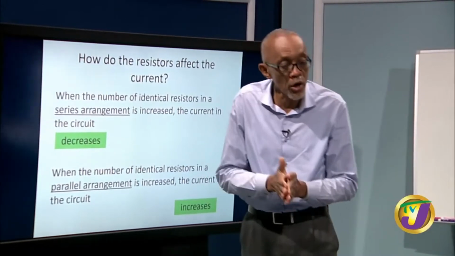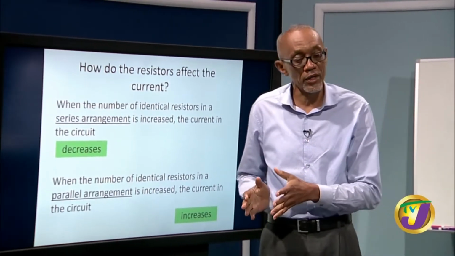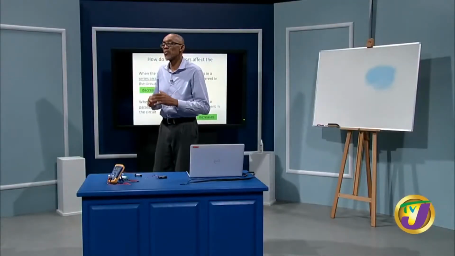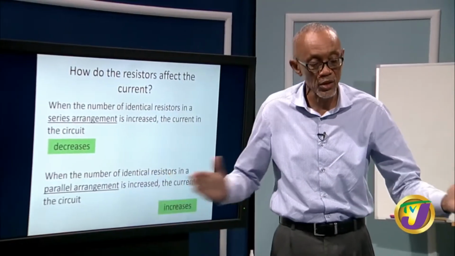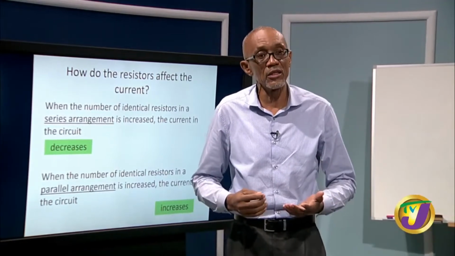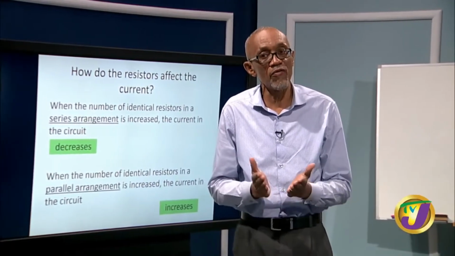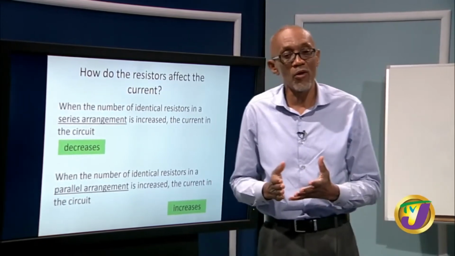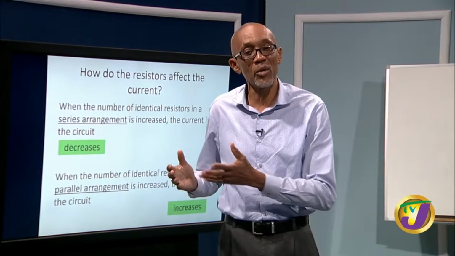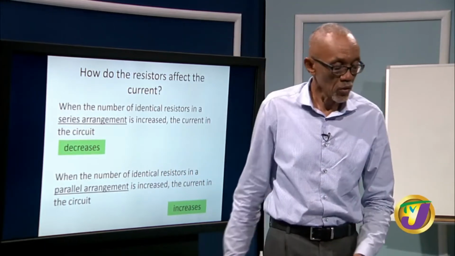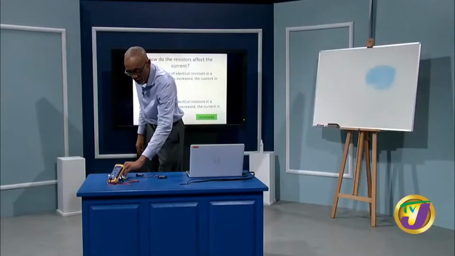So when we put more in parallel, we get greater current, and when we put more in series, we get less current. So when we apply these resistor configurations in a circuit, we can use them, as I said before, either to increase the current in that part of the circuit or to decrease it, because that's how the configurations work.